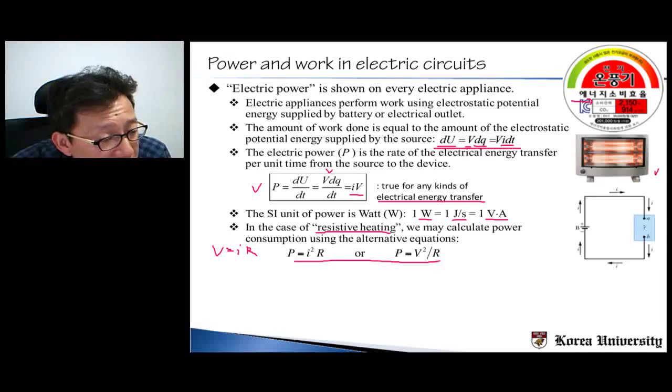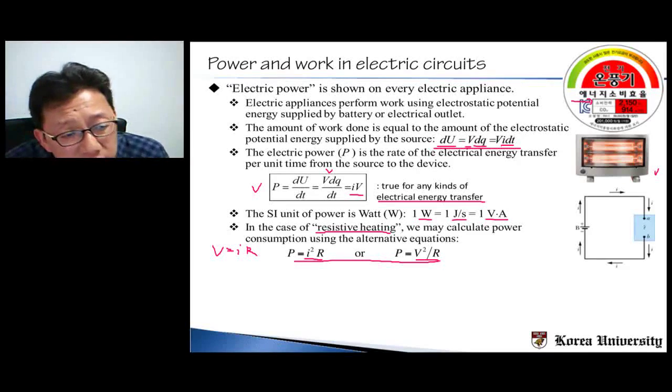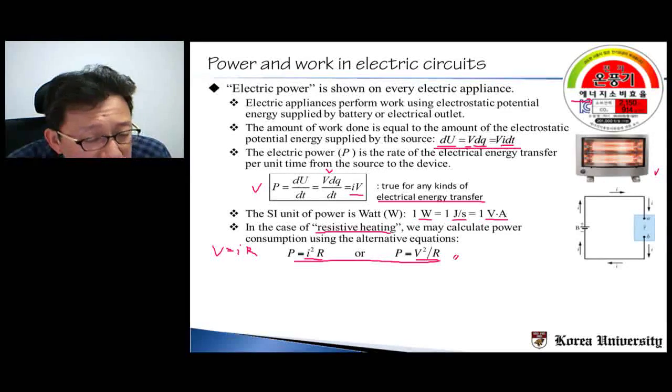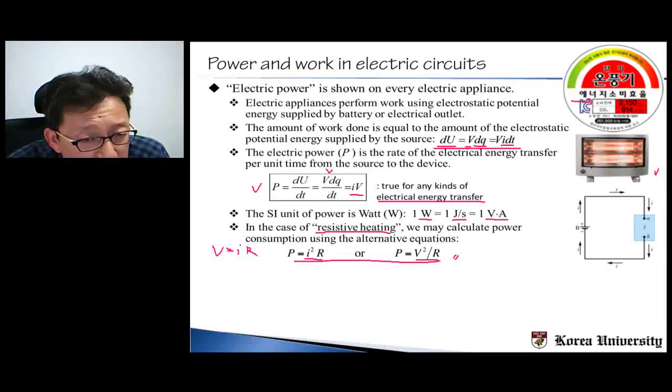If you insert V into the above equation, you will get I squared R. And if you insert I into the above equation, you will get V squared divided by R.